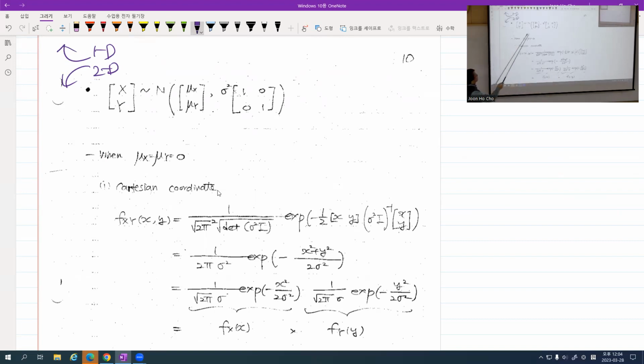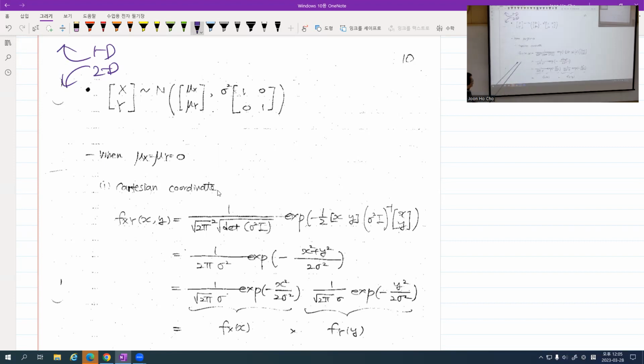In many cases, a two-dimensional Gaussian has zero correlation and the same variance. We will focus on this. Got it? Of course, if they are independent, we can always scale one of the variables to have the same variance, right? So this is general enough. If x and y are independent Gaussian, now the mean may be different.